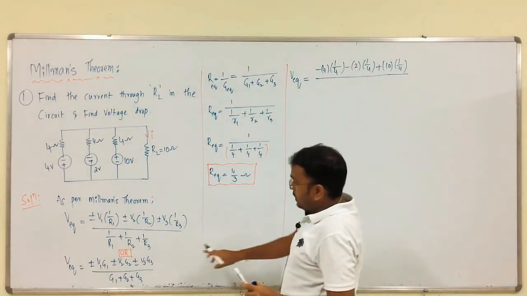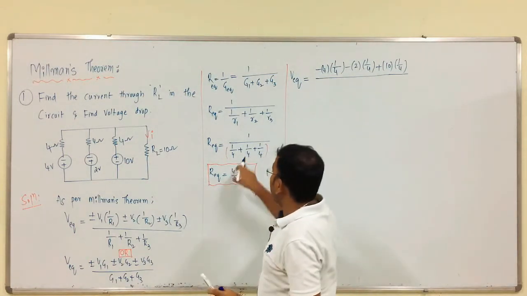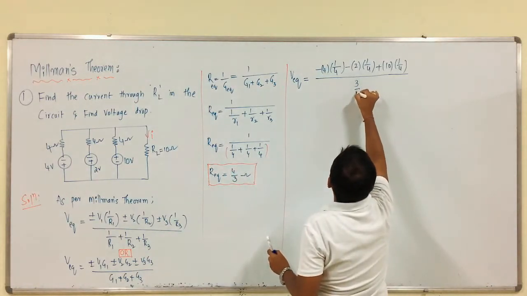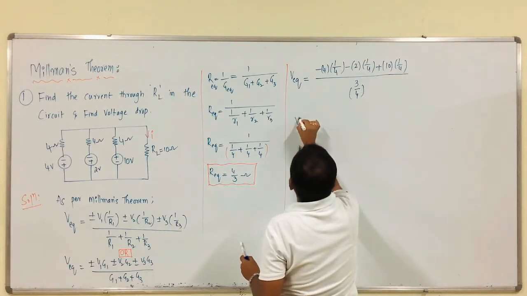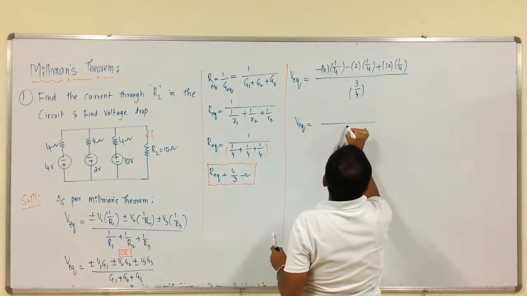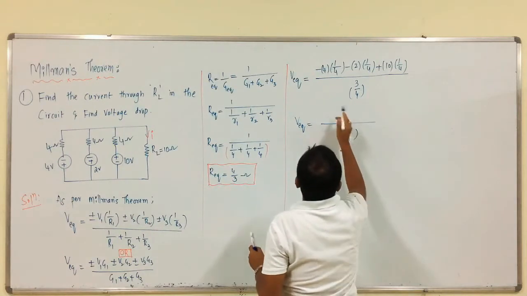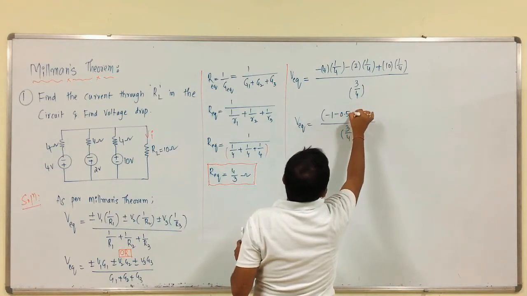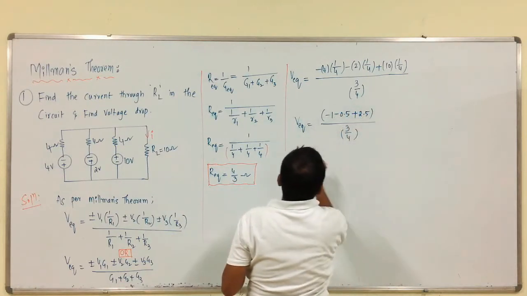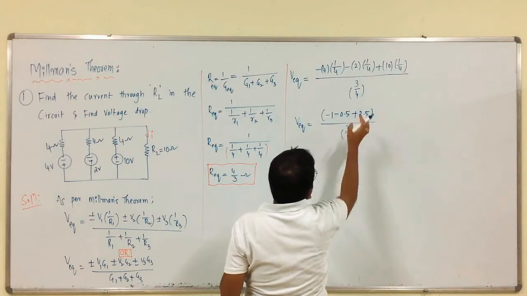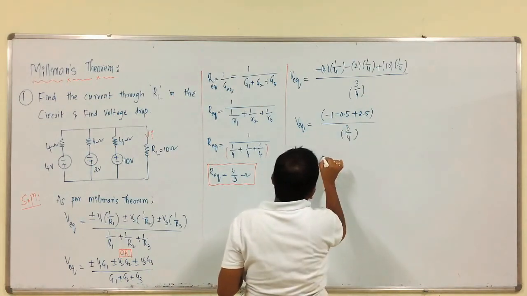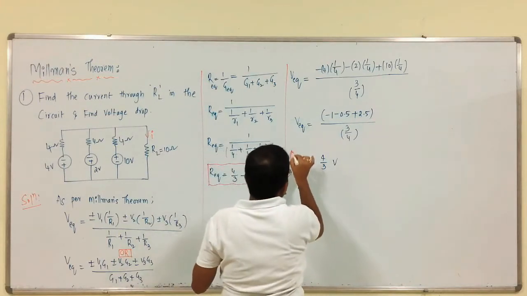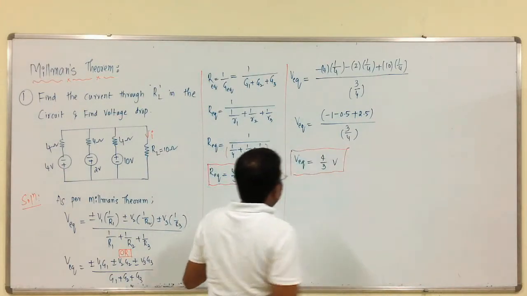Then this part, 1 by R1 plus 1 by R2 plus 1 by R3, is nothing but 1 by 4 plus 1 by 4 plus 1 by 4, which is 3 by 4. Therefore, V equivalent is equal to 4 by 3 times minus 1 minus 0.5 plus 2.5. So, V equivalent is equal to, here we have 2 minus 1, finally 4 by 3 volts.